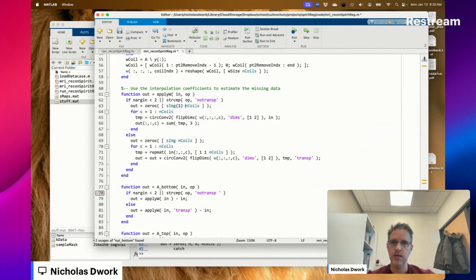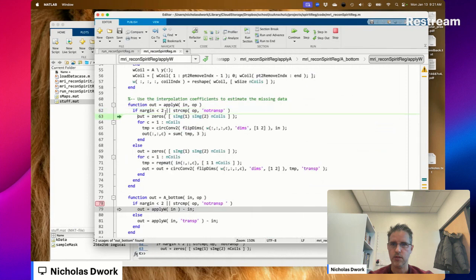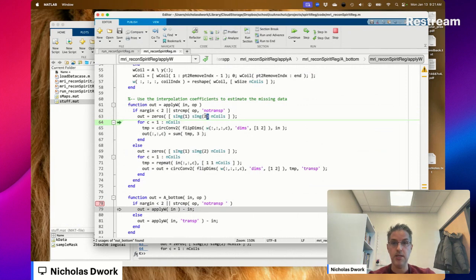S image 1, S image 2. S image is a row vector, so I could just put S image here. Why not?